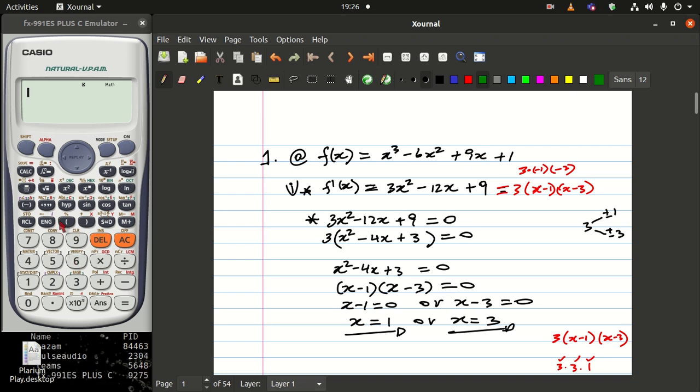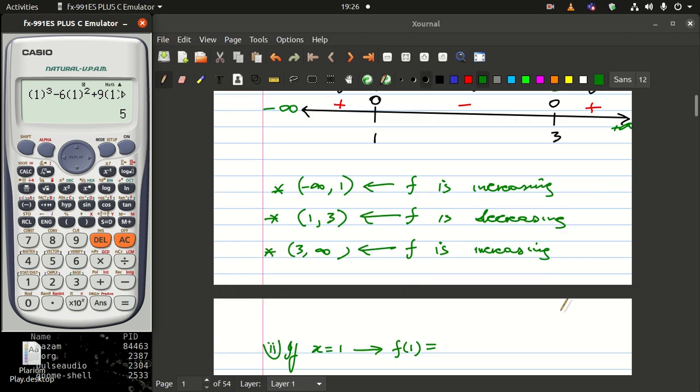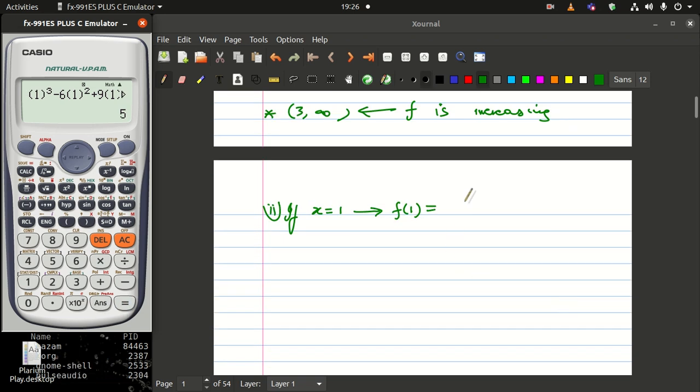So we have 1 and then we place a cube there, and then we have a 6, and then we have a 1, and we square it, and then we say plus 9, times 1, and then after that you add a 1 there. Of course, you're going to get a 5 here. So f of 1 is equal to 5.